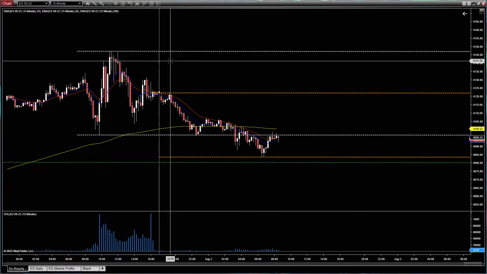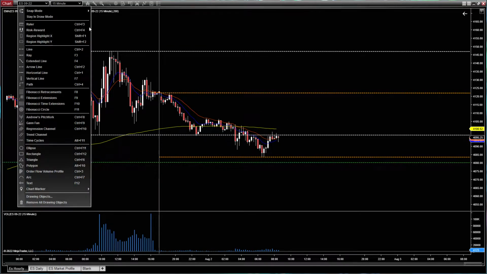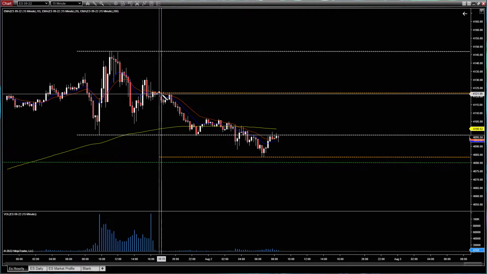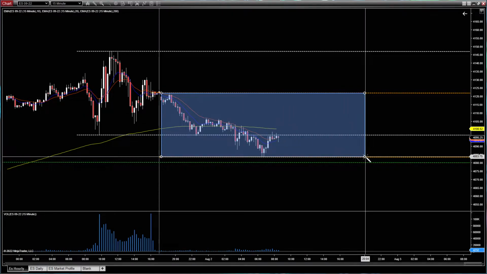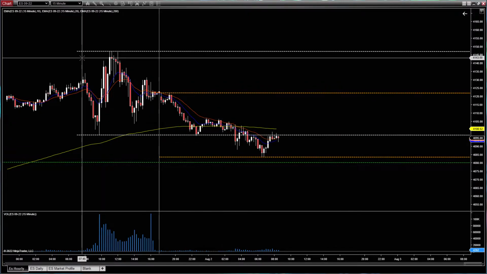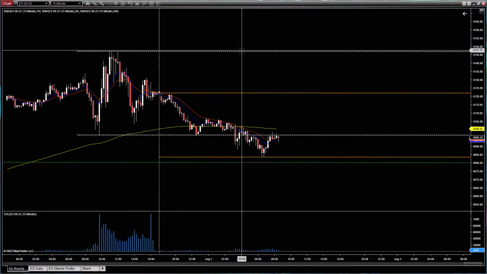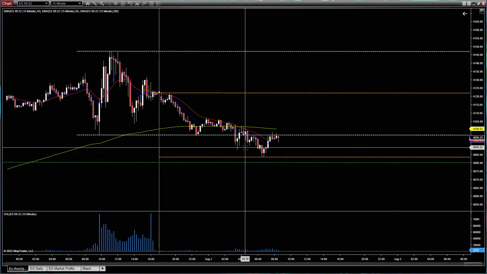Question number two is, where's price right now in relation to the overnight range? Here's the overnight range, and this time we see that we are within it. So this would be a balance. We're outside of the previous day range to the downside, but within the overnight range.